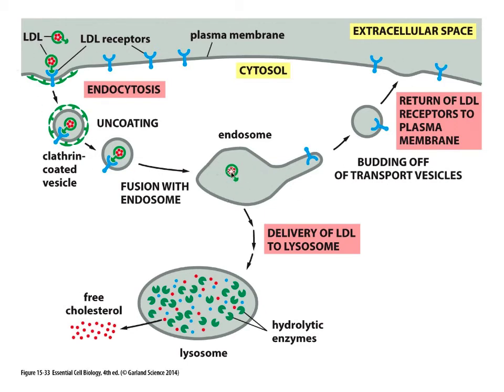The cargo itself is then directed down a pathway where it becomes a late endosome, and then finally it matures into a lysosome, or it fuses with an existing lysosome.